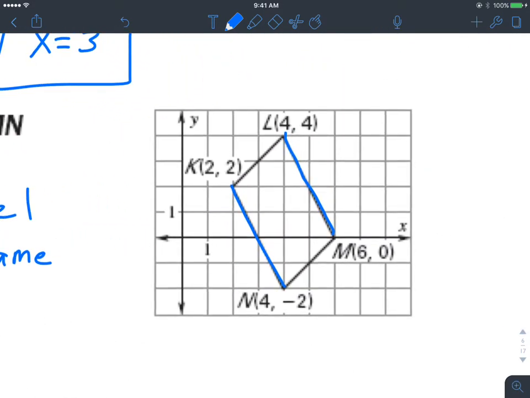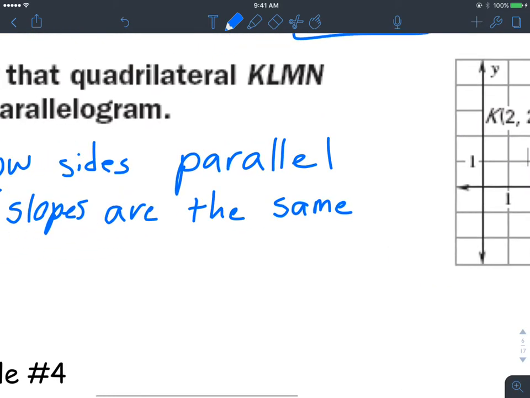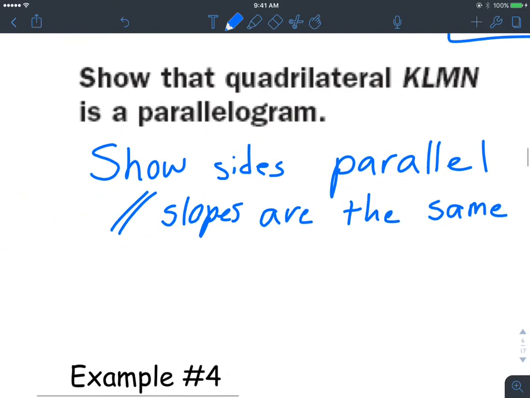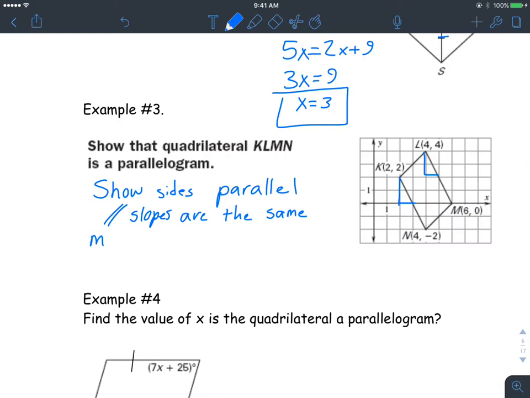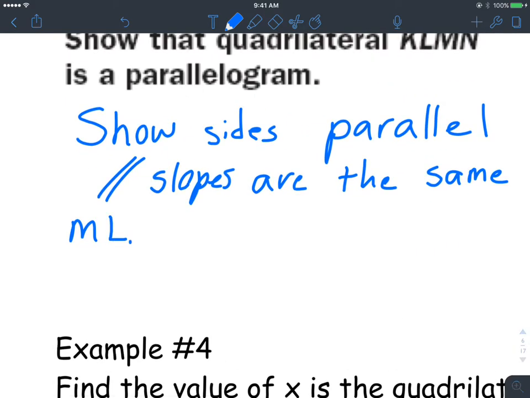If you count your slope here, remember that's always rise over run. It looks like it's going down 2 and then over 1 for the slope of LM. And then the slope of KN is going down 2 and over 1. This is how I usually write it: m of LM.